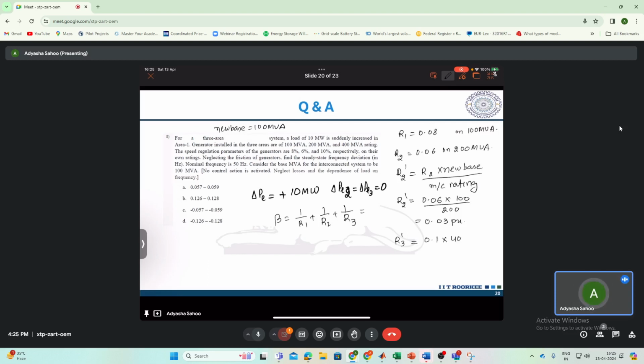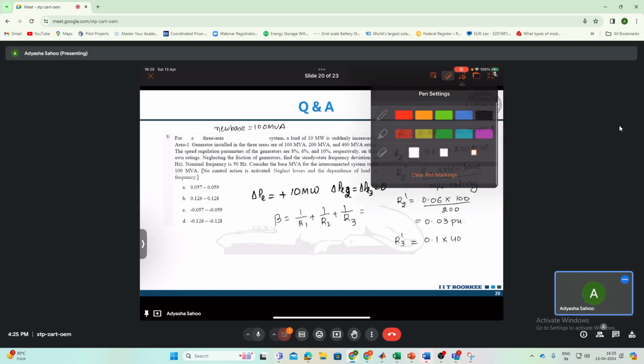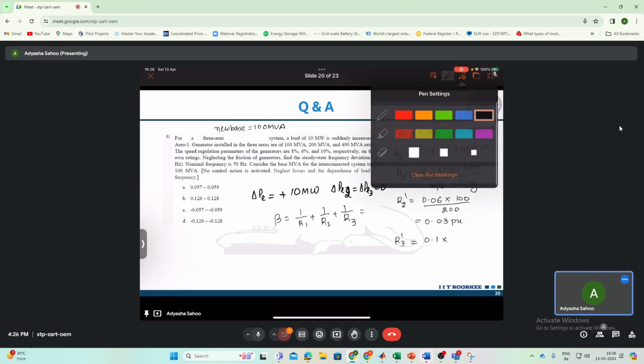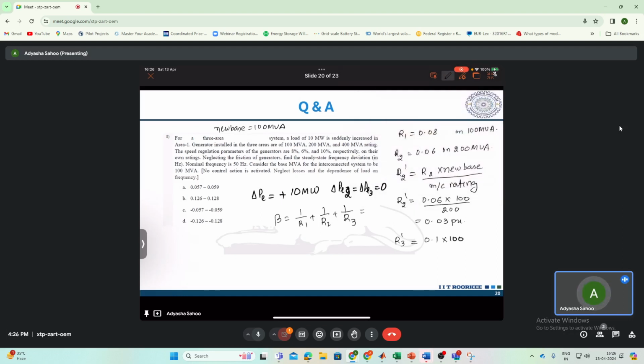So 400, no, 100 by 400. So that gives us 0.025 per unit, and R1 will be same, right? So 0.08 into 100 by 100, that gives us 0.08 per unit. So R1 dash, R2 dash, R3 dash.